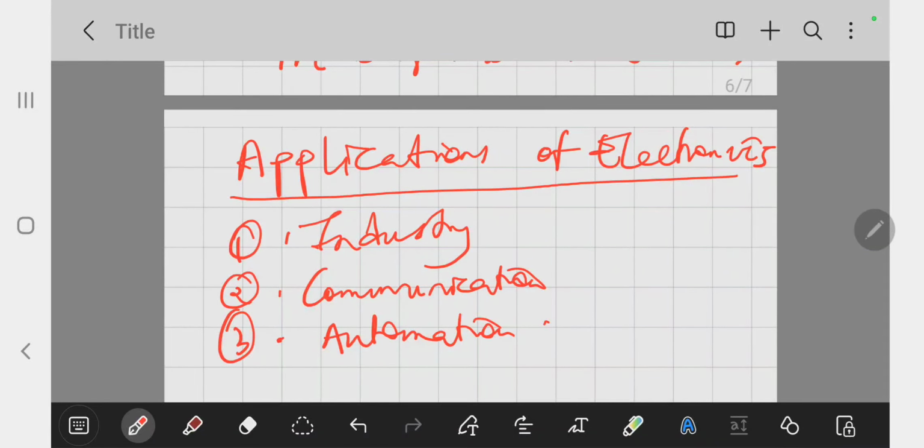So in the industry, mostly what we're saying is that electronics can be used to monitor, control, and automate industrial processes. So an example is, for instance, where you want to control the temperature in a manufacturing plant. So we can use sensors and microcontrollers. So that is how we can use it in the industry.